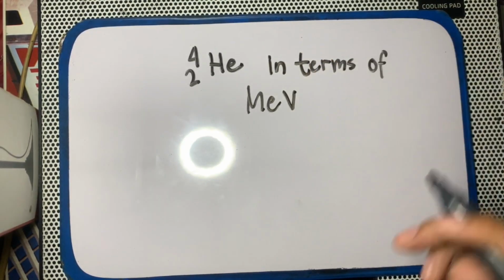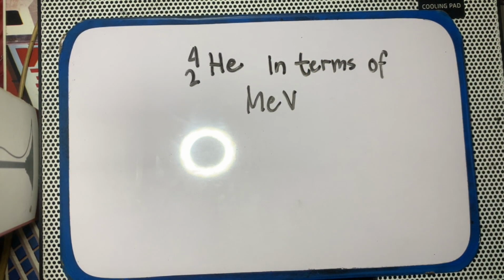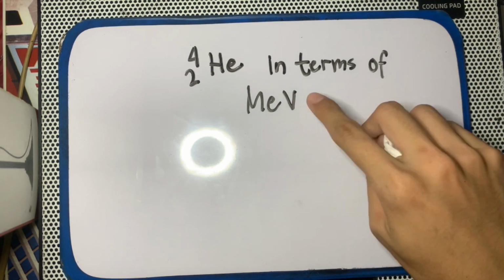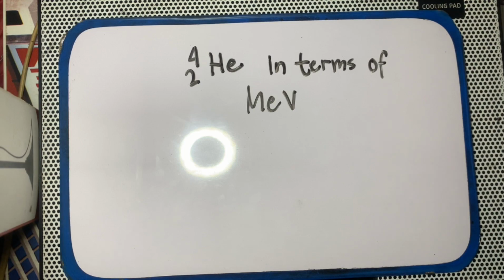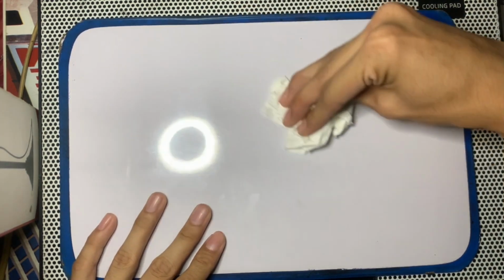We're looking for our mega electron volts. So dalawa po yung ipapakita kong solution. Yung una po is yung long method, napapakita po yung complete procedure. And the other one po is yung short method, yung shortcut po natin to direct po na makuha yung ating MeV. Now let's proceed po.